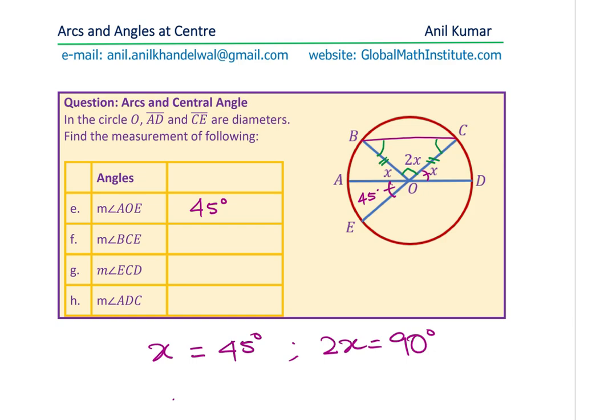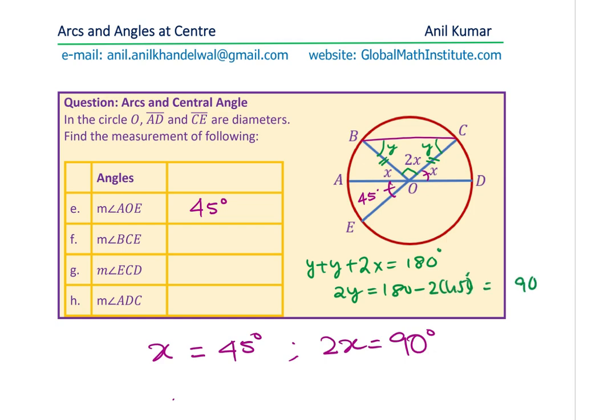So let us say these angles are y and y. Because they are isosceles triangle, they have to be same, right? So, y plus 2x is equal to 180 degrees. 2y equals 180 minus 2 times 45, which is 90 degrees. We know that.